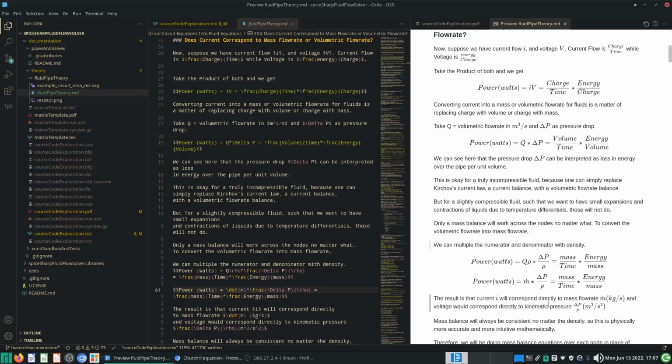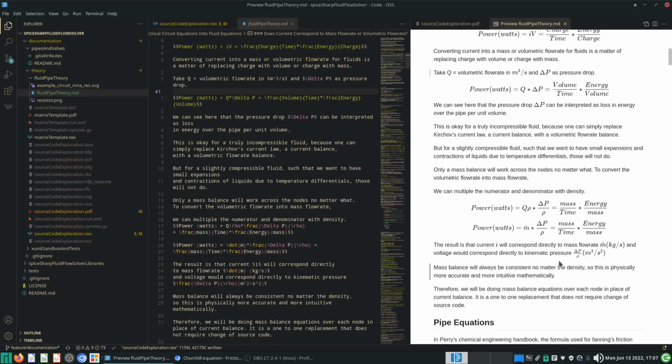The conservation of mass will hold, but the conservation of volume will not hold because the fluid is now compressible. So you cannot apply that law, or it will result in some kind of calculation error.